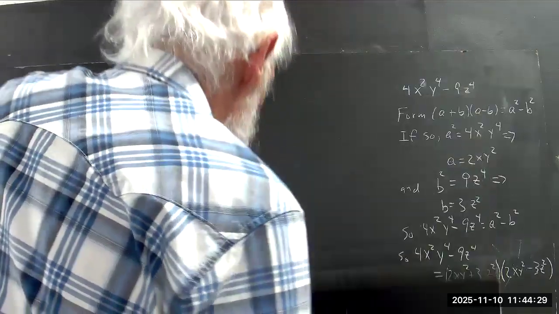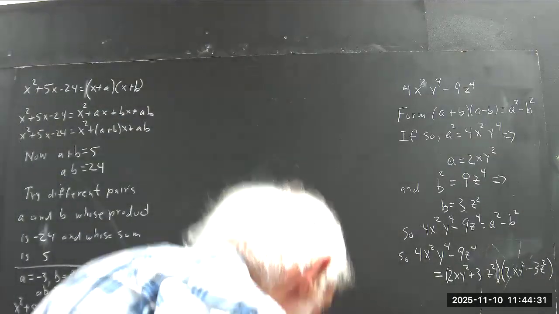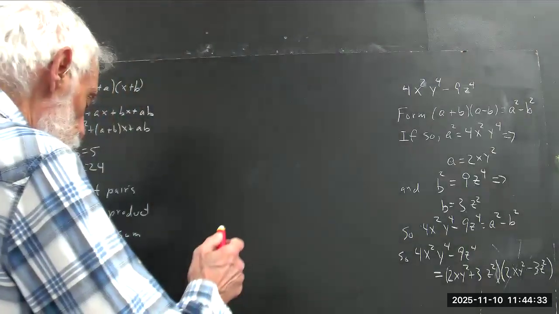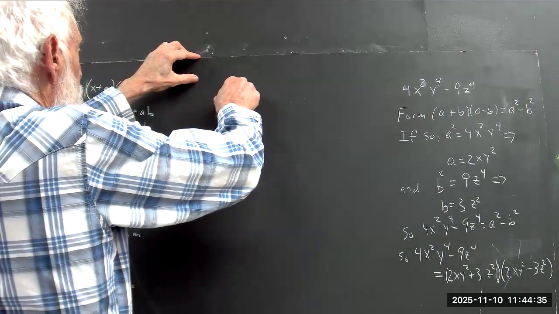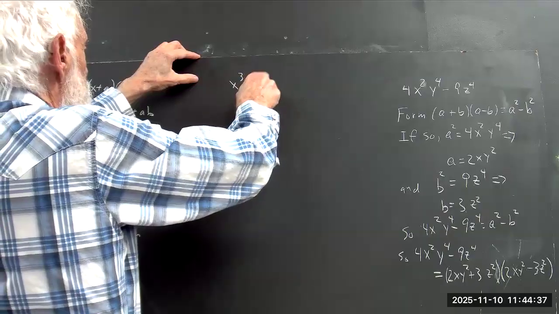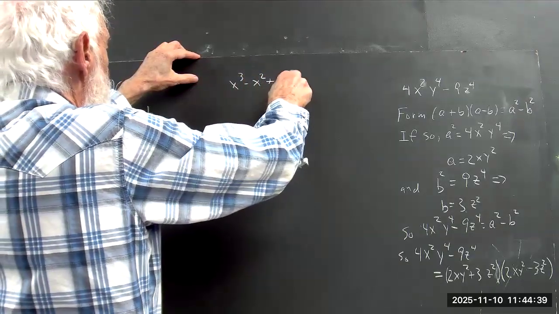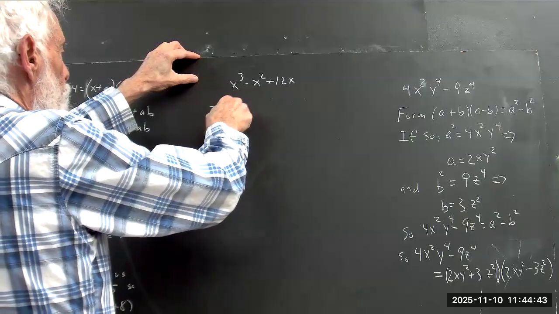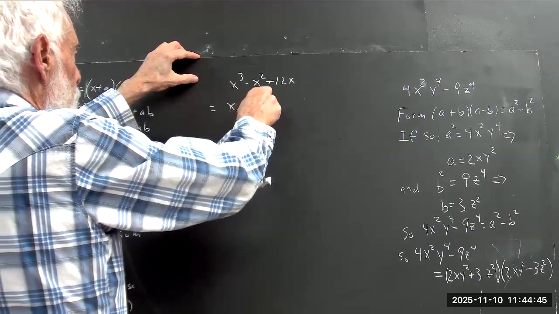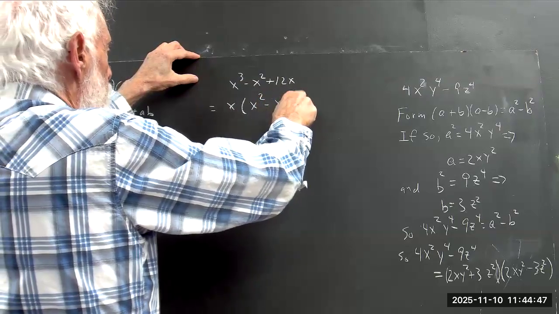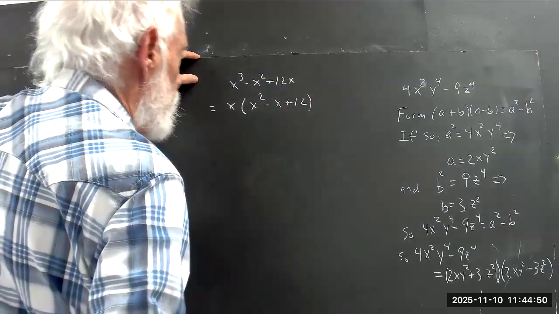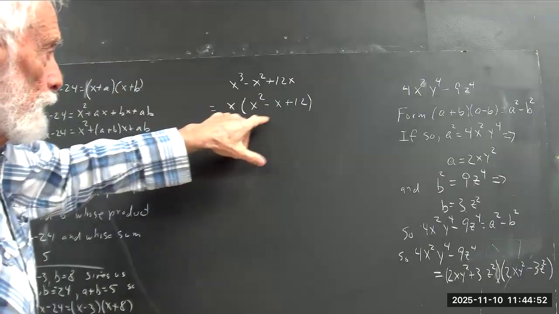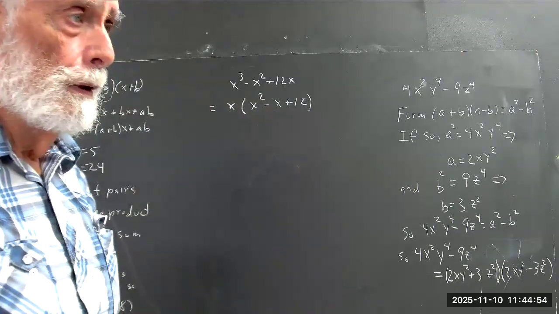Okay, the third problem was x cubed minus x squared plus 12x. Well, first of all, you can factor out an x here. We get x times x squared minus x plus 12.